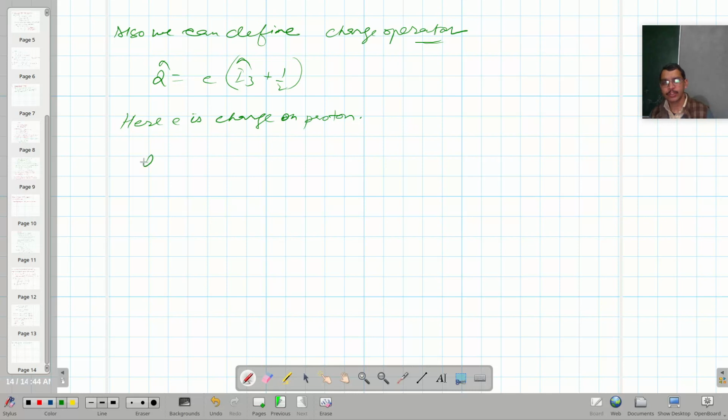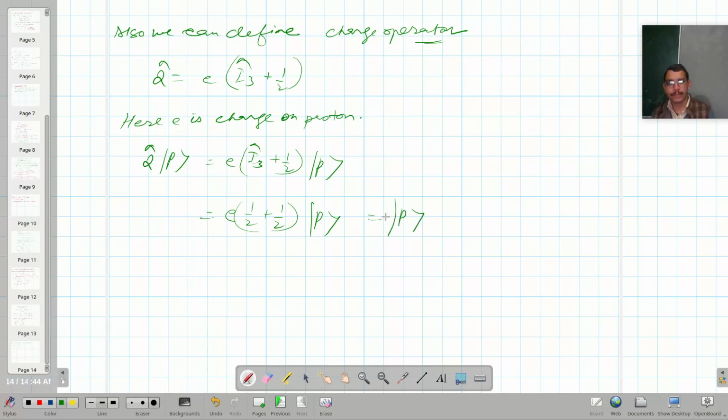So let us talk about the proton. When the Q operator operates on P, it is equal to e times I3 plus 1 by 2 acting on P. The proton state will remain as it is, but for the proton I3 is 1 by 2, so 1 by 2 plus 1 by 2, so it is simply P multiplied by e.